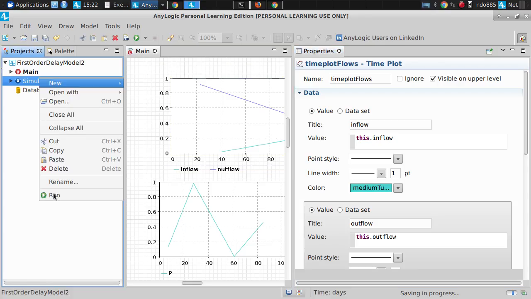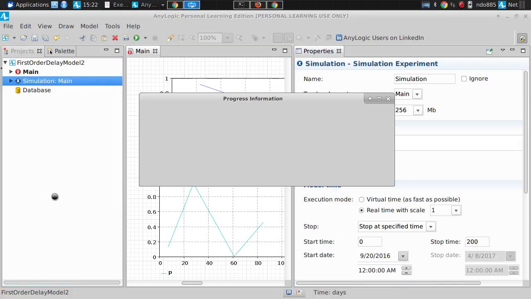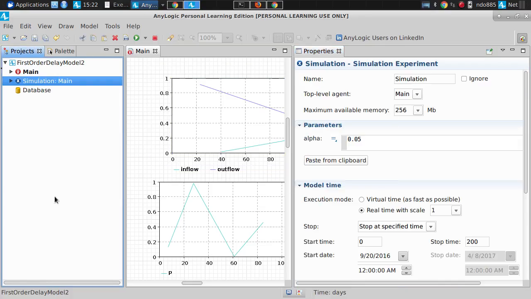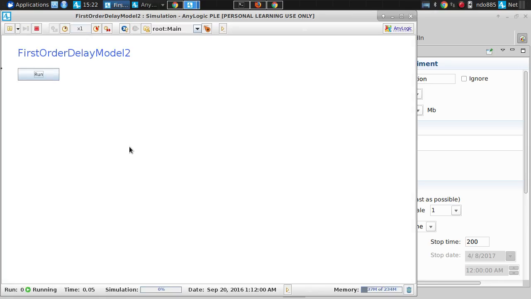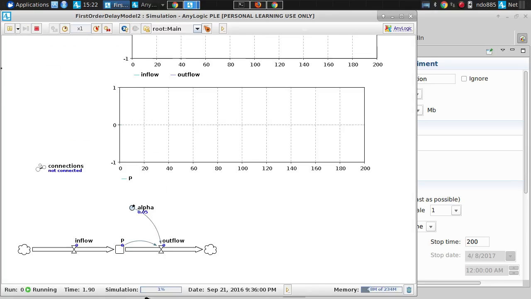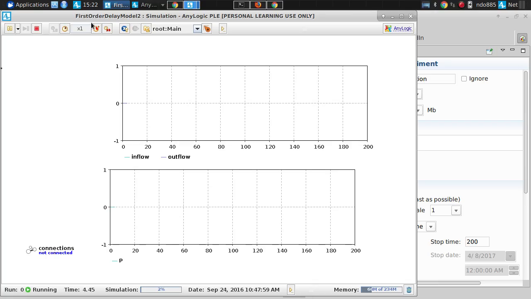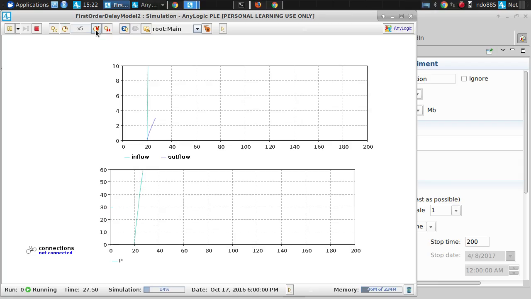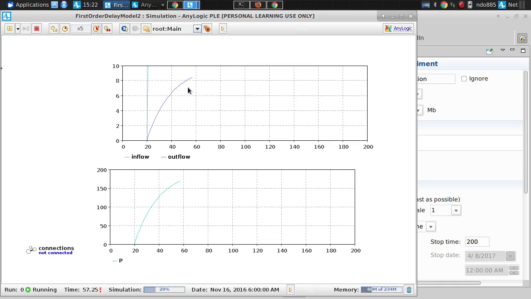What should we see now? Okay, good. So, ladies and gentlemen, we're going to be running it up to time 20. The inflow is what? 0. And then starting at time 20, the inflow is what? 10. And here's the outflow.